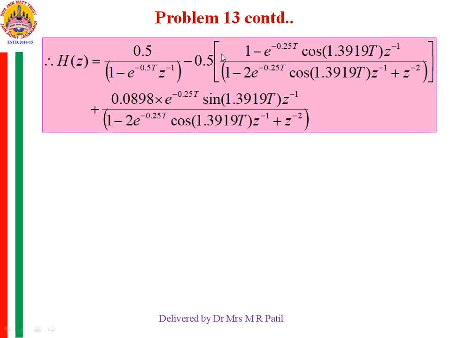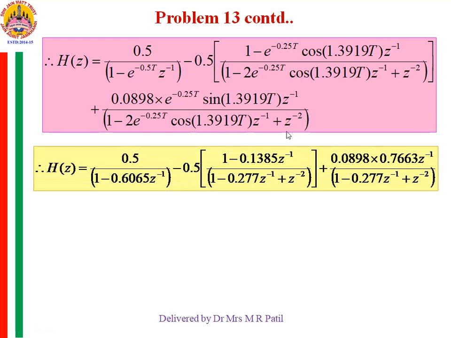For the cosine term we write it as (1 minus e raised to minus 0.25 t cos of 1.3919 t z inverse) by (1 minus 2 e raised to minus 0.25 t cos of 1.3919 t z inverse plus z raised to minus 2), and for the sinusoidal term, 0.0898 is constant, and we write this as e raised to minus 0.25 t sine of 1.3919 t z inverse divided by (1 minus 2 e raised to minus 0.25 t cos of 1.3919 z inverse plus z raised to minus 2).